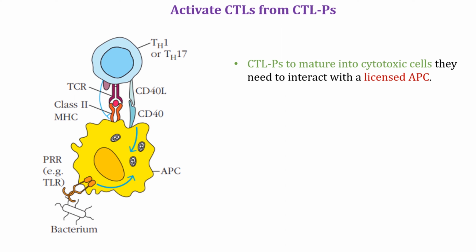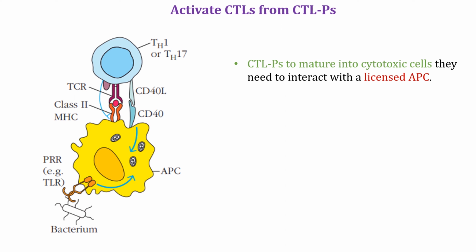Okay. So antigen presenting cells. This refers to an antigen presenting cell that is undergoing a process of activation, which enables it to effectively stimulate and interact with the T cells, either cytotoxic T cells or helper T cells.